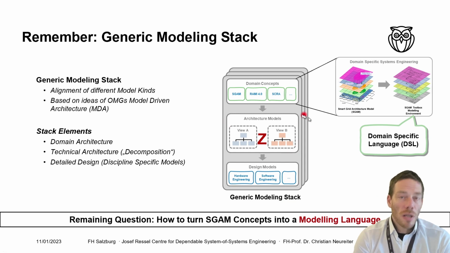We have architecture models, which are basically object-oriented models that help with the decomposition of systems. On the top level, we have domain concepts like the smart grid architecture model. The remaining topic is how we can turn this concept of the smart grid architecture model into a modeling language that we can use inside a modeling tool for creating smart grid system architectures.